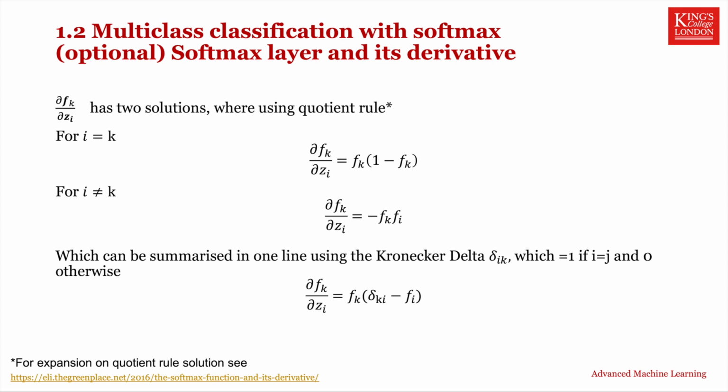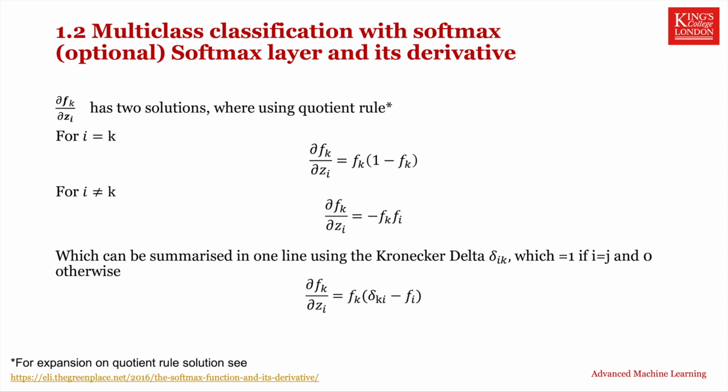It turns out when you work through all of these combinations, they reduce to two results. One for where the class is the same as z and f, so i equals k, and one for where class is not the same, so i is not equal to k. Further, this can be reduced to a single expression using what is known as the Kronecker delta. So this is written as the symbol delta ki, and it simply takes the value 1 if i equals k and 0 otherwise.